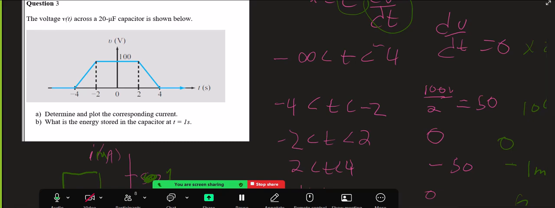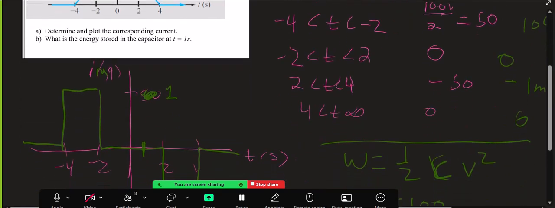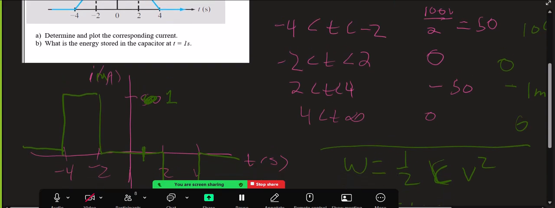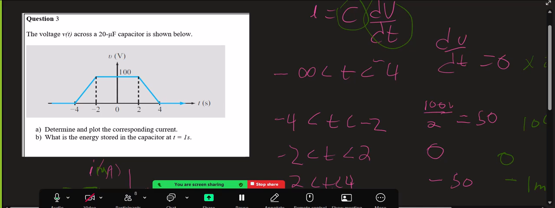Where was I 1 milliamp? Between -4 and -2, and it was 0 everywhere else. So we know that I was 0 here, 0.001 here, 0 here, 0 here, 0.001 here, and 0 here.